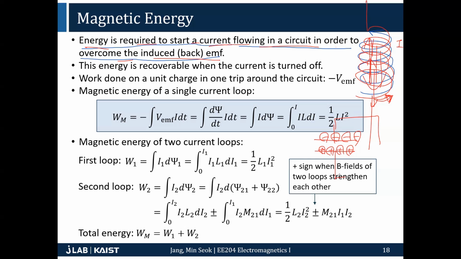You can put some electric bulb here, and it's going to light up due to this capacitor, and the charges are just moving back to the original position. Same thing here. In this case, what you are building up is current, not charge. In order to build up the current, you need to spend some energy, but you can of course take this energy out when the current is off.